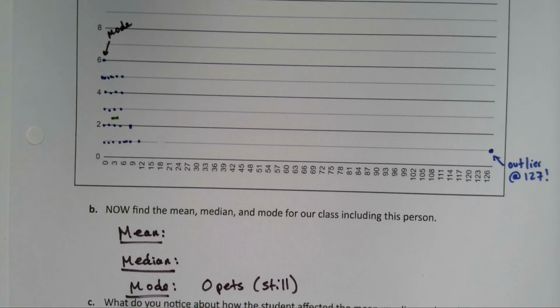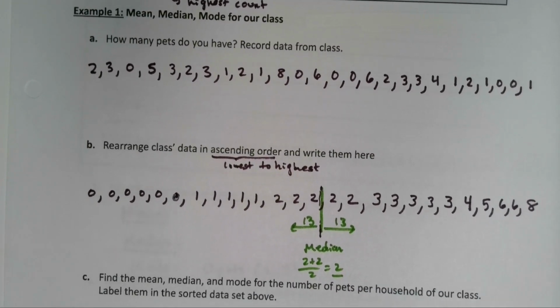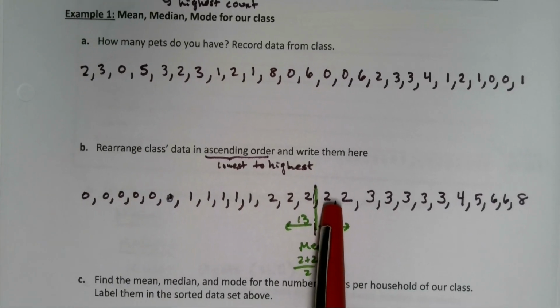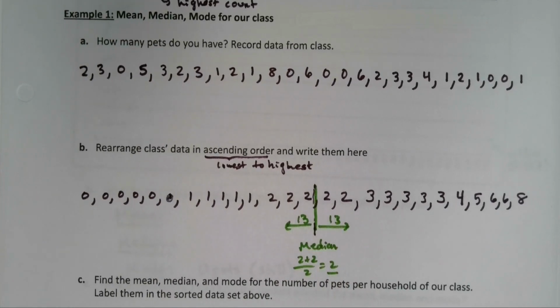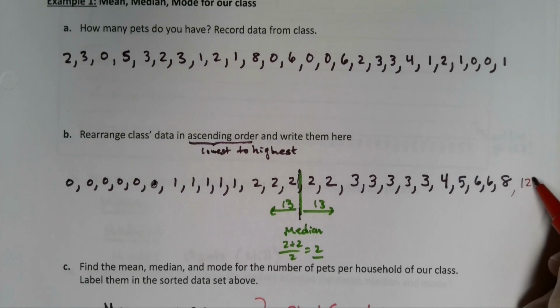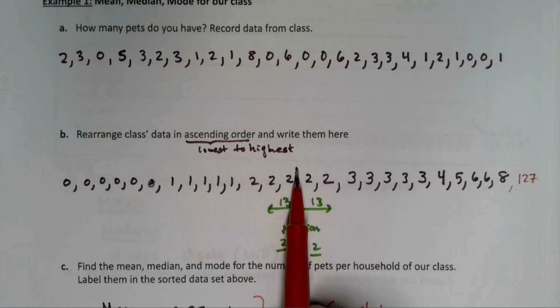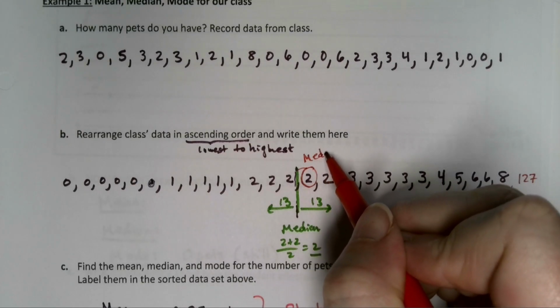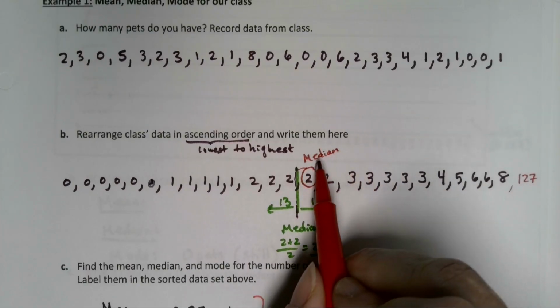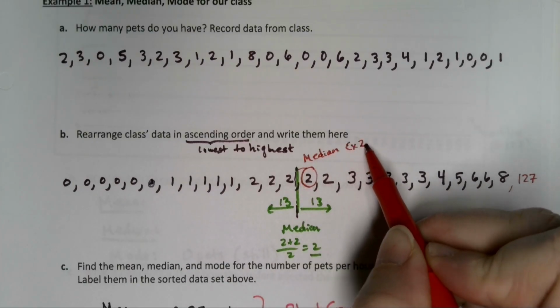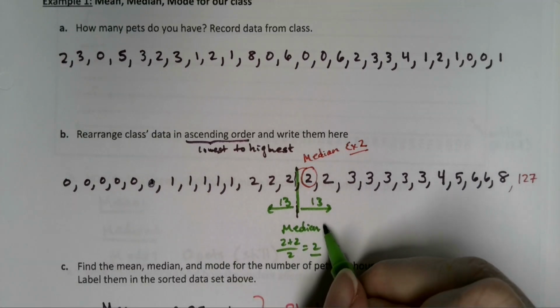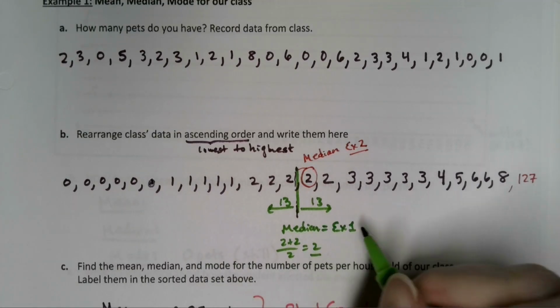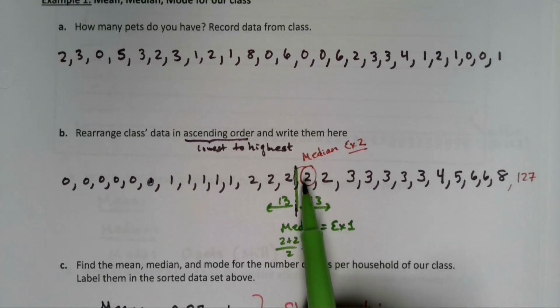The median is a little easier to see if I go back to the list. The median was here, this empty space between these two. If I add in 127 over here at the edge, it nudges the median over from here to over here, and this value now becomes the median. The median for example 1 was the green one, and for example 2, with the 127 in there, it is now the red one.